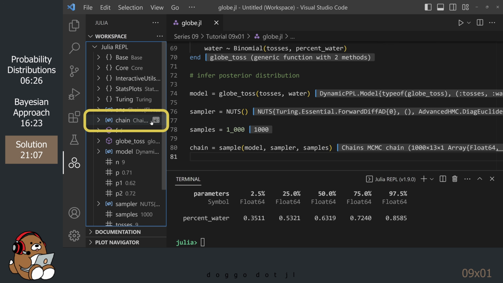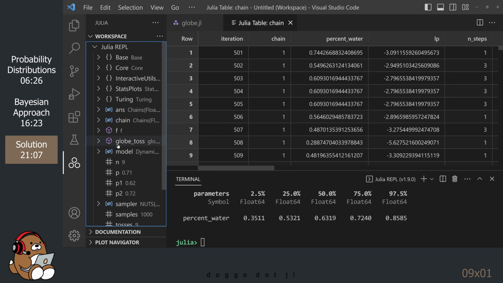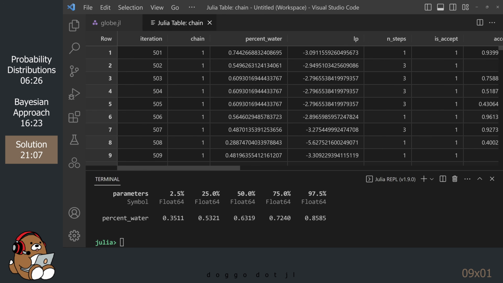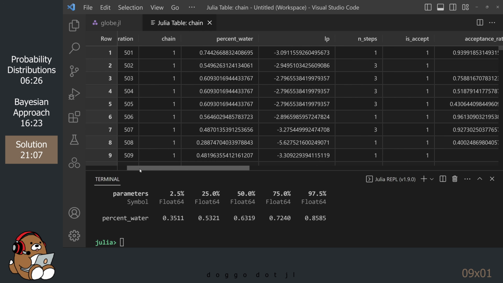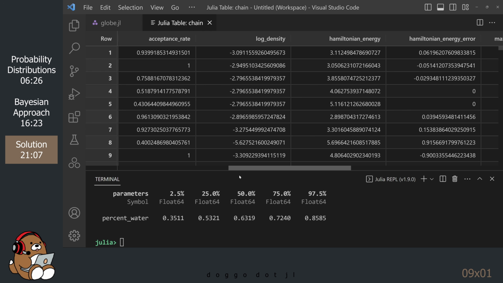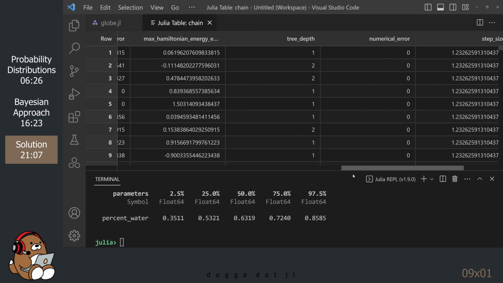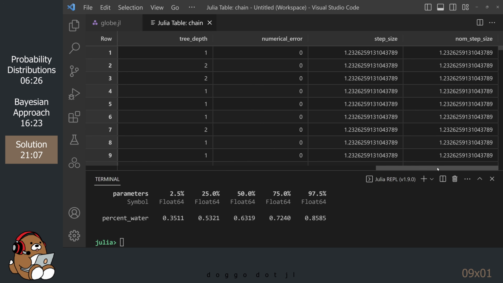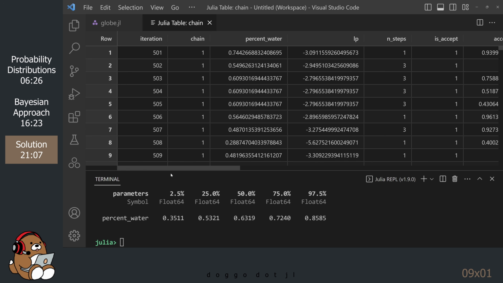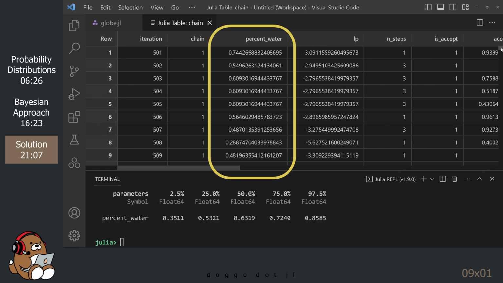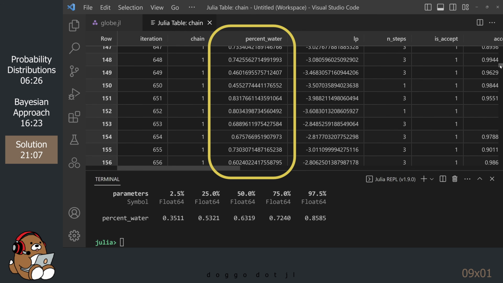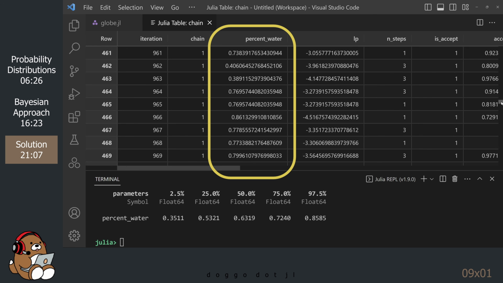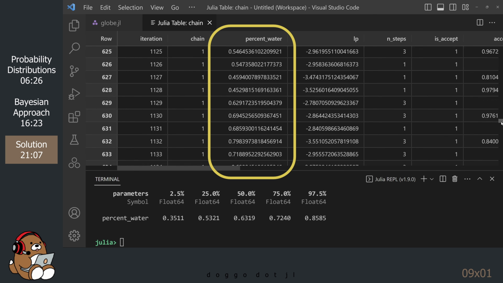If you click on that icon, VS Code will bring up a table of the data. Each row of this table is an individual sample. There's a lot of information in this table, but the column that we're interested in is the %_water column.